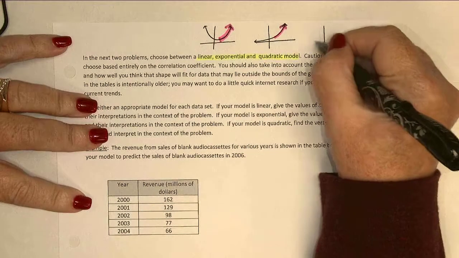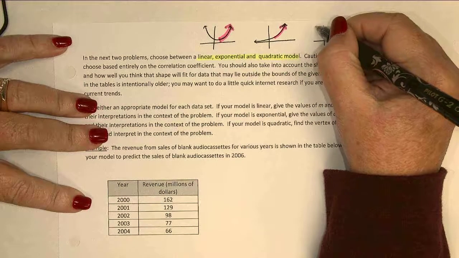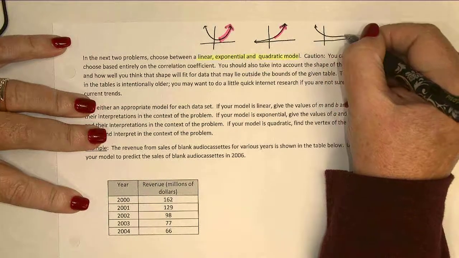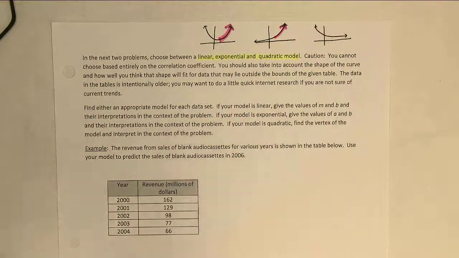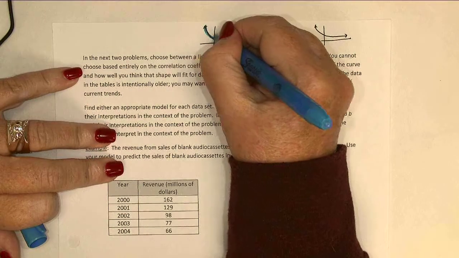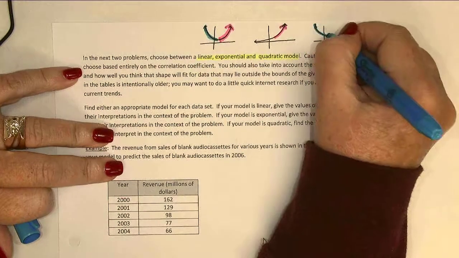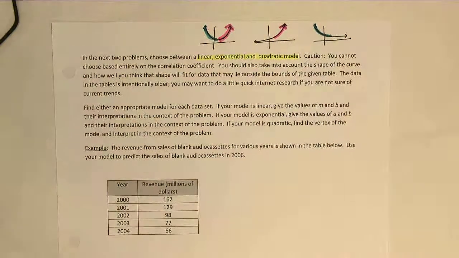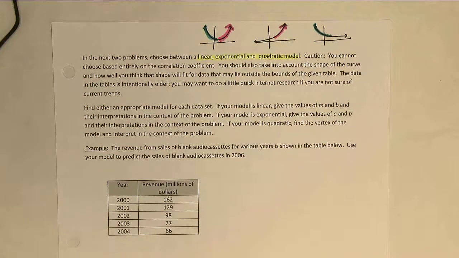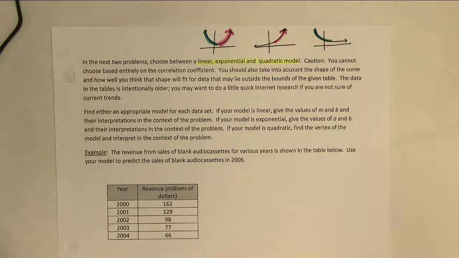Same thing can happen with exponential decay. This part of the quadratic graph and this part of the exponential decay graph look very similar. And so unless we can predict what's going to happen in the future, we may not know which model we should pick.